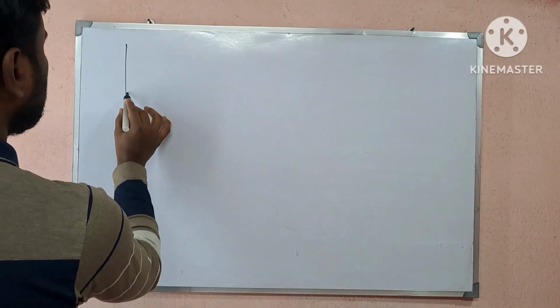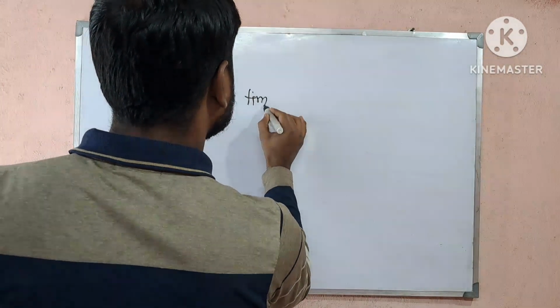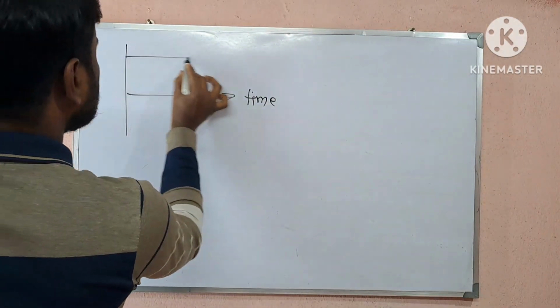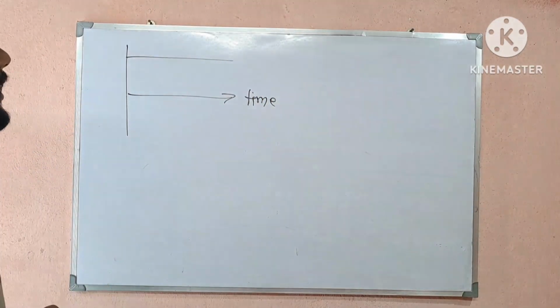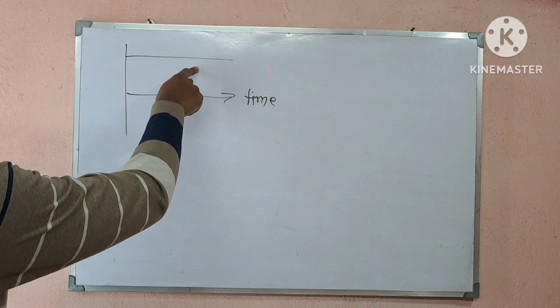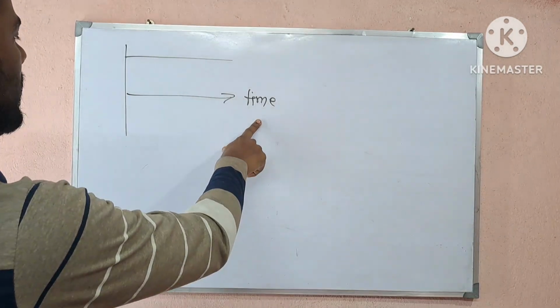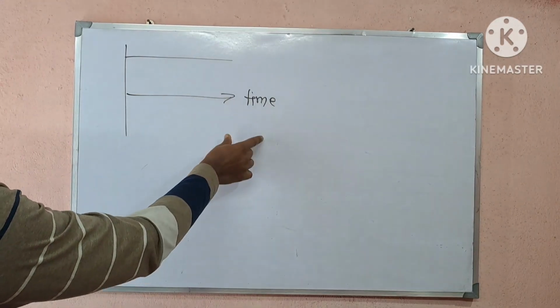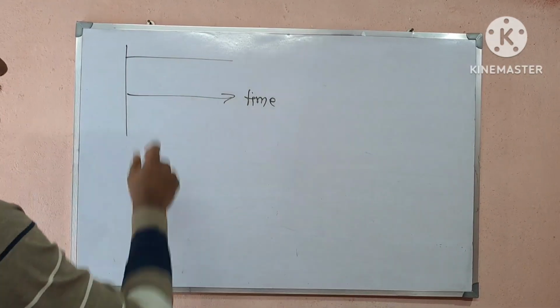If we plot this current with respect to time, then that will be the graph. So it is very clear that here both the direction and magnitude of current remain constant with respect to time. That means DC current does not depend on time. It is time independent. Now, what is AC?